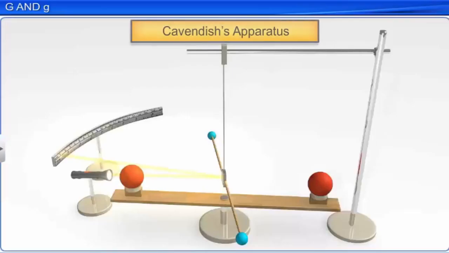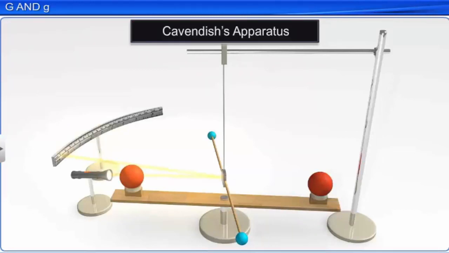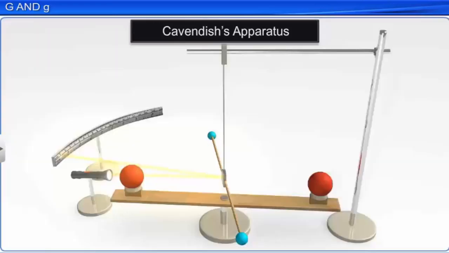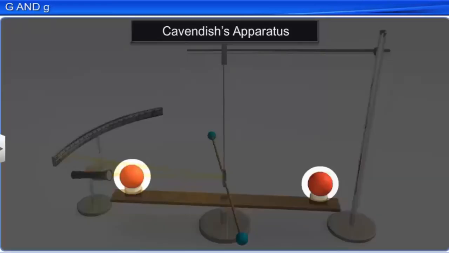Have a look at Cavendish's apparatus. It consists of two pairs of spheres. One, a small pair of spheres, and the next is a large pair of metallic spheres.